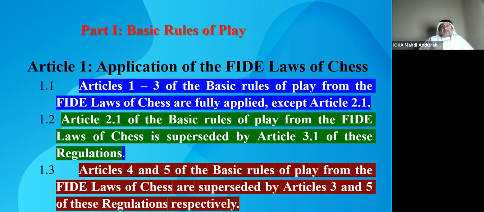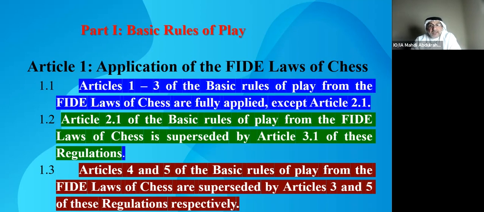And we now have the basic rules of play for online chess. First, application of the FIDE laws of chess: Articles 1 and 3 of the basic rules of play from the FIDE laws of chess are fully applied, except Article 2.1. Why? Because Article 2.1 of the basic rules of play from the FIDE laws of chess is superseded by Article 3.1 of this regulation, so it cannot be the same as over the board.